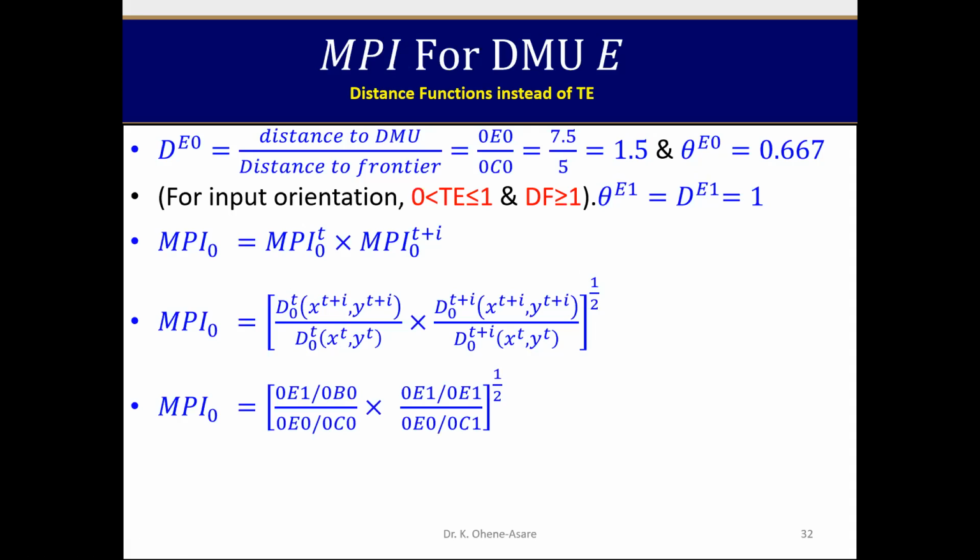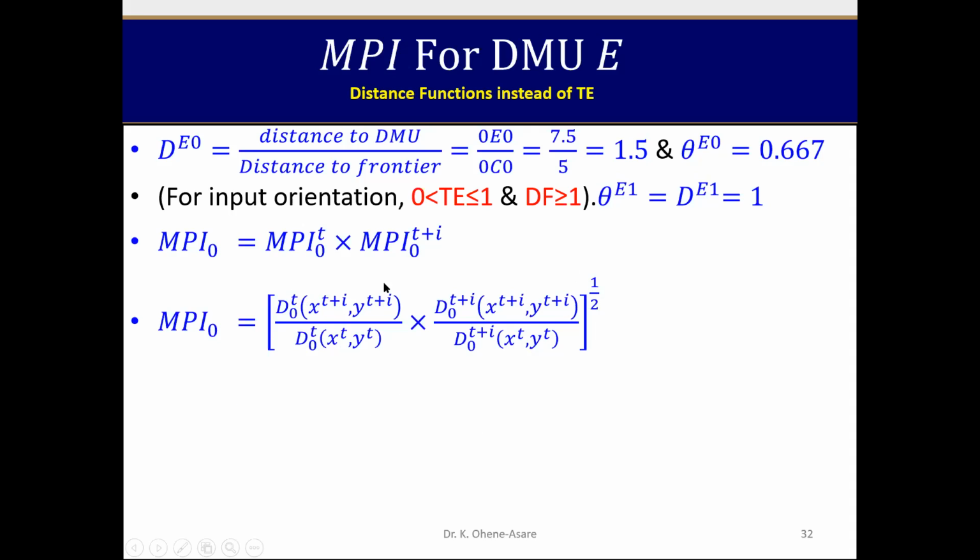Now let's try to estimate that from this table. So look at the first one here, the top one. I want you to understand. Okay. So what this means is that you are estimating the efficiency of a DMU in year 2, that is t plus 1, relative to the frontier t.